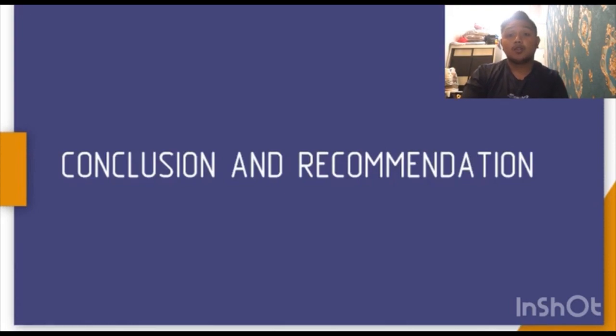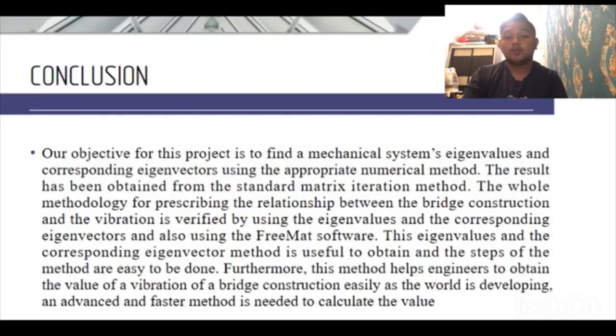For the conclusion, our objective for this project is to find a mechanical system's eigenvalues and corresponding eigenvectors using the appropriate numerical method.